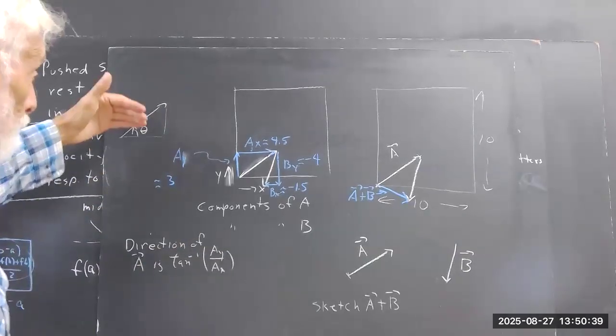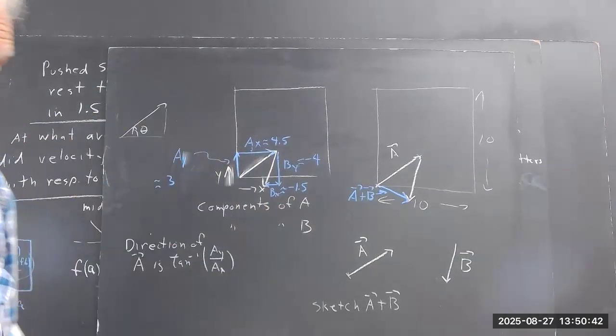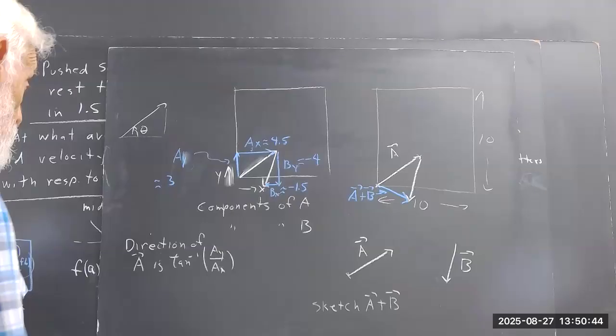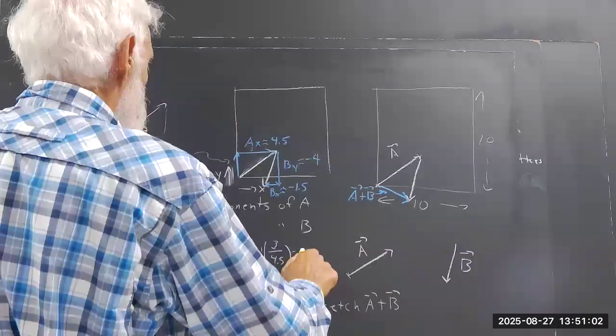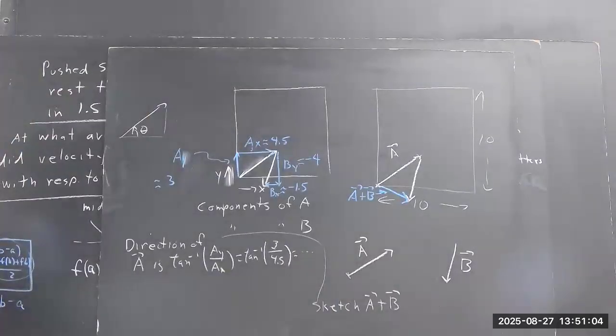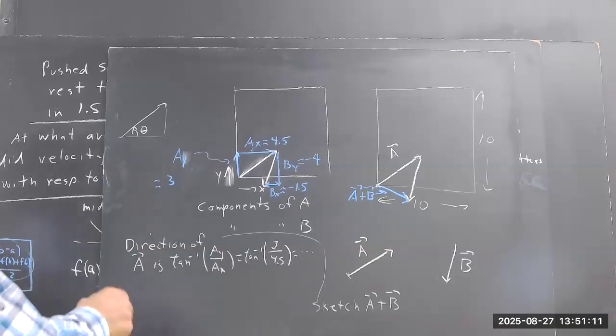Or the y over the x if you're using a unit circle definition. And the 2/3, or you can estimate it, be about 2/3. I don't want to do that. I don't want to take the time.